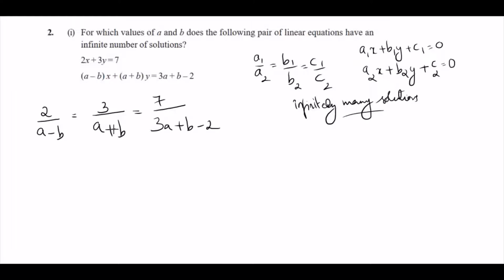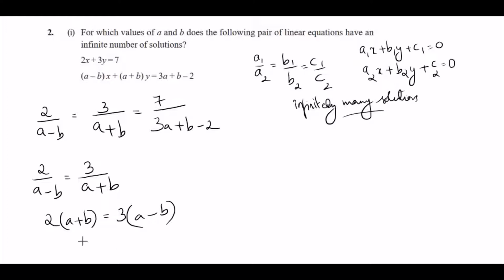So when you take these two ratios, you will get 2 by a minus b is equal to 3 by a plus b. When you cross multiply, you will get 2 into a plus b is equal to 3 into a minus b. That is, 2a plus 2b is equal to 3a minus 3b.